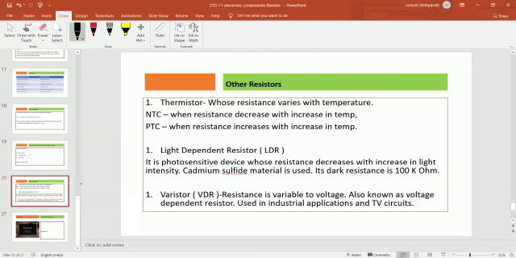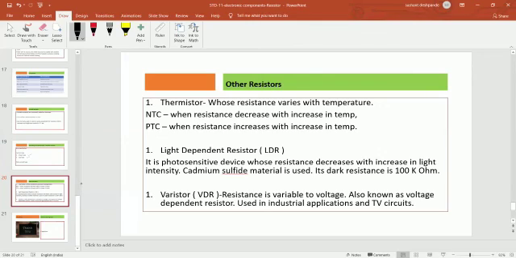Light dependent resistors, LDR. It is a photosensitive device whose resistance decreases with increase in light intensity. As the intensity of light increases, the resistance decreases. Which material is used here? Cadmium sulfide.